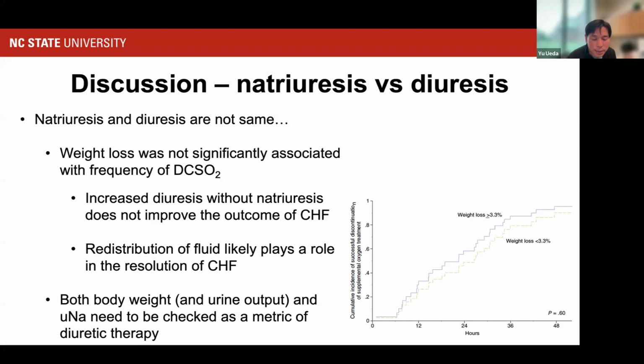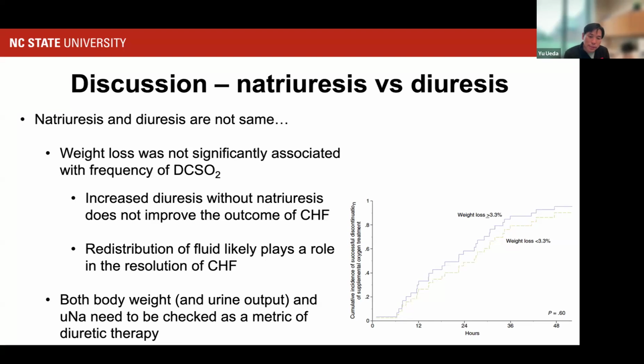Which means that probably, again, natriuresis is maybe more important or as important as diuresis. And when the patient has a successful recovery from congestive heart failure, when we have successful treatment of congestive heart failure, we need to have both diuresis with improved urine output, and natriuresis with higher urinary sodium concentrations.